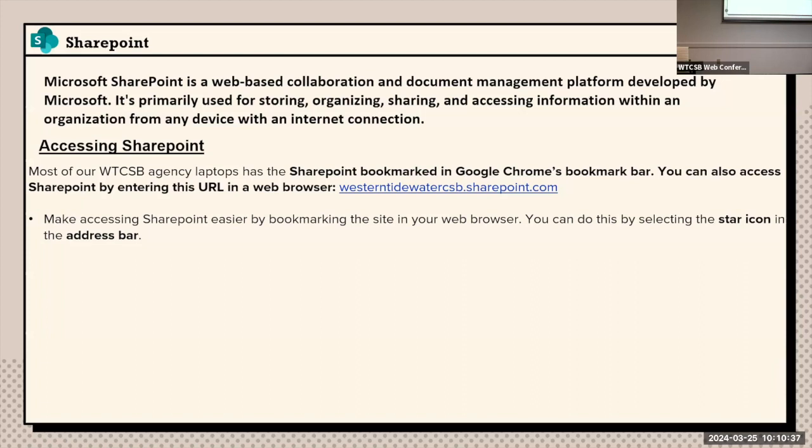So does everybody have a SharePoint bookmark in their web browser? Google Chrome, Safari. That's 365. It should be a green icon. It should look like this at the top. See that green icon? You have that bookmark.